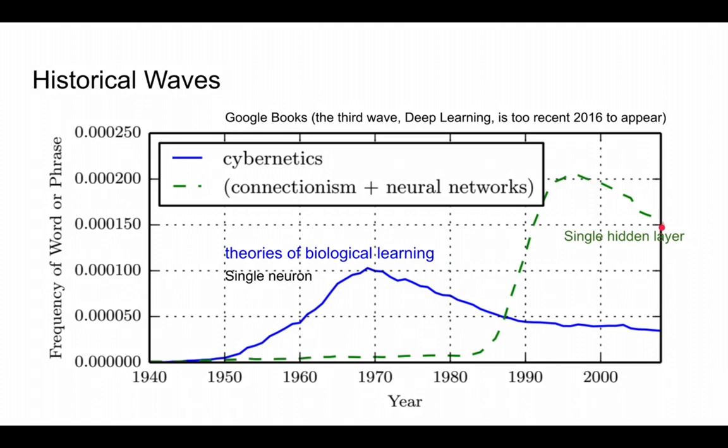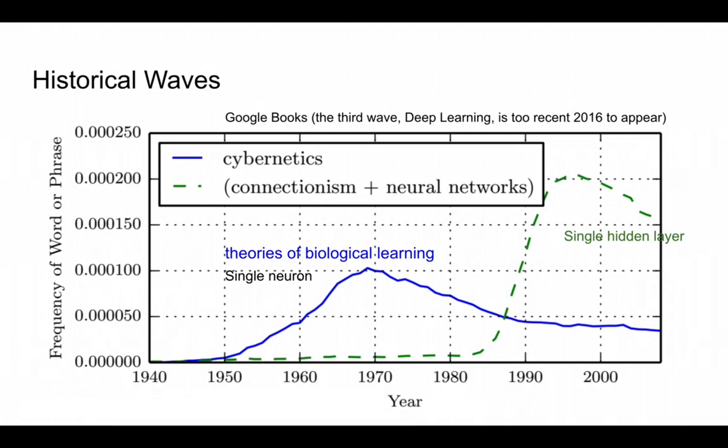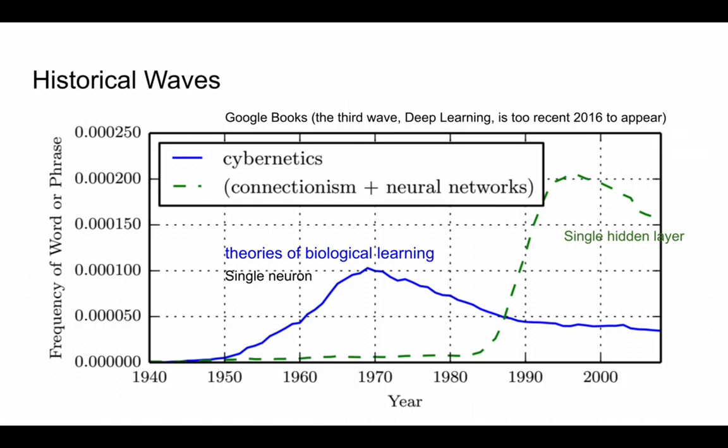This technology further developed. In 2016, a boom of deep learning was enabled because of the gradient descent invention. It allows multi-hidden-layer calculations and initiated the third wave. We are now just in the rising phase of the third wave.